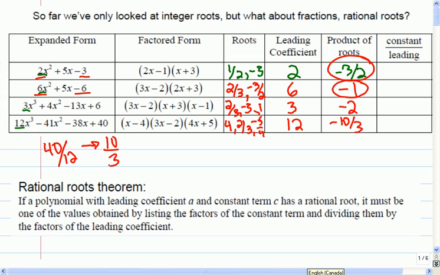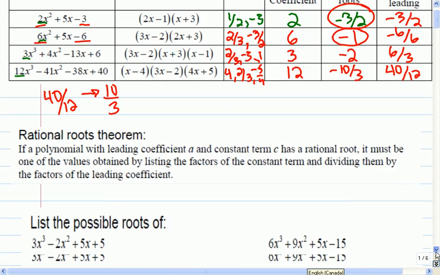Okay, so the pattern is very similar to what we've talked about. It's going to be the constant divided by the leading coefficient. So -3/2 in this case, -6/6, and 6/3, and 40/12. So here's the rational roots theorem.